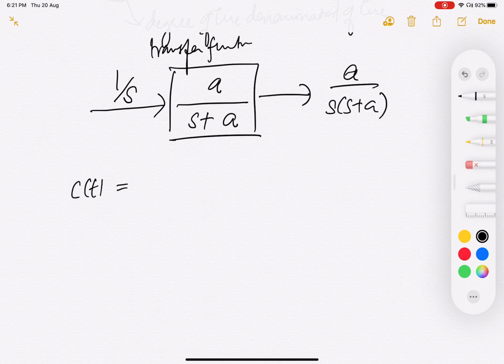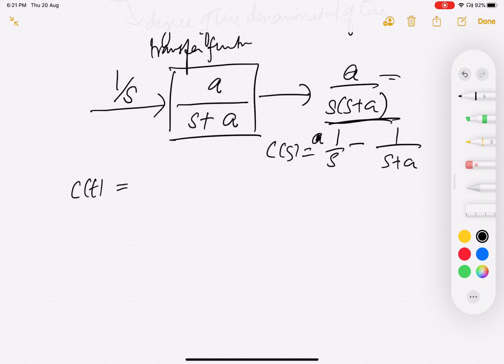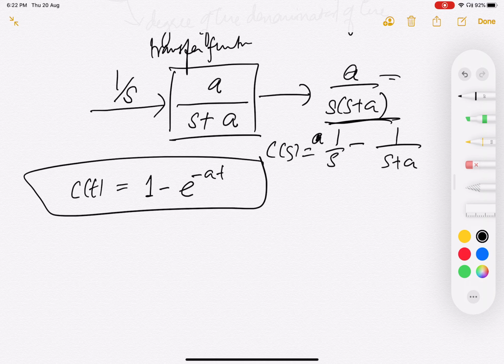C(t) is going to be, if you open this up, a by this as 1 by s minus 1 divided by s plus a, right? This would be opened up like this. This is your C(s), and then you can write down your c(t) as 1 minus e to the power minus at. So this is the response.